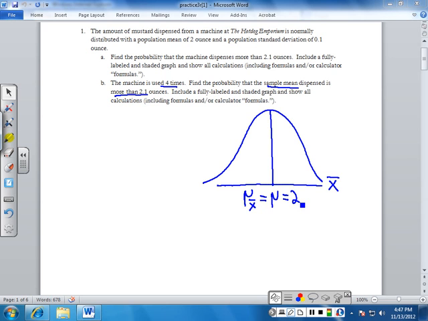So the standard error is going to equal the population standard deviation divided by the square root of n, which is our 0.1 divided by the square root of 4. And that's going to be 0.05.